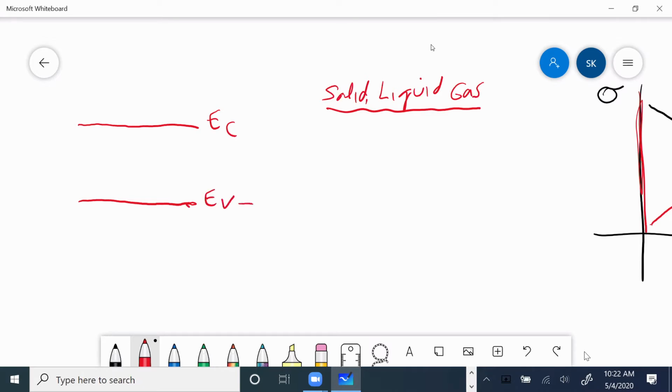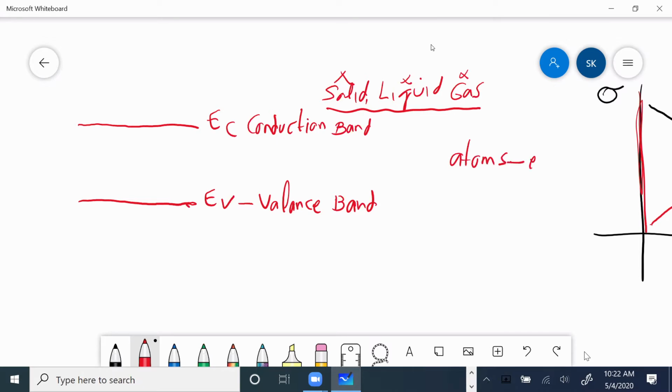That is the valence band, and that is the conduction band. All materials. Why do we say that? Because obviously, whether it is solid or liquid or gas, they have atoms. And atoms have electrons.